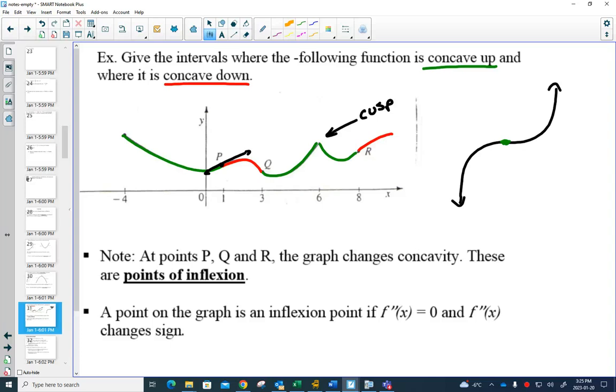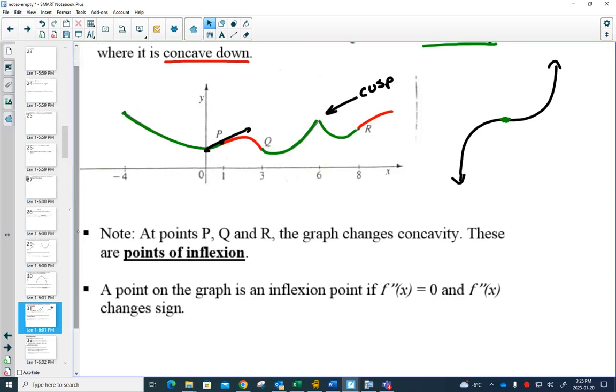It'd be like a non-permissible value for your derivative. Sometimes you have non-permissible values in your derivative that you didn't have in your original equation. So those are inflection points and concavity.